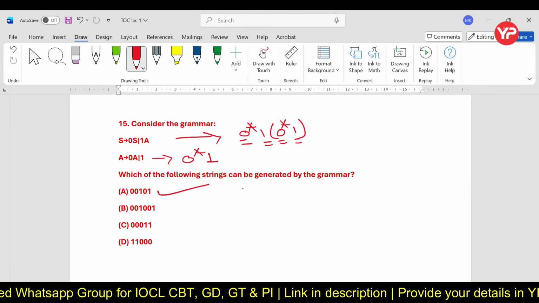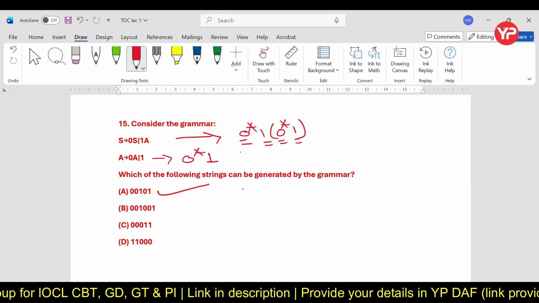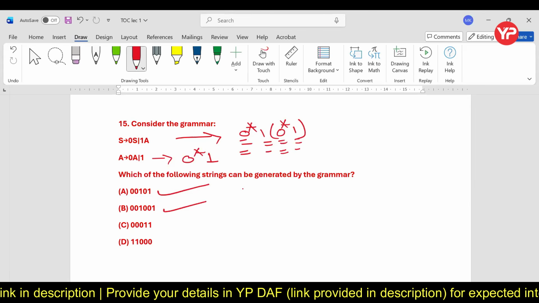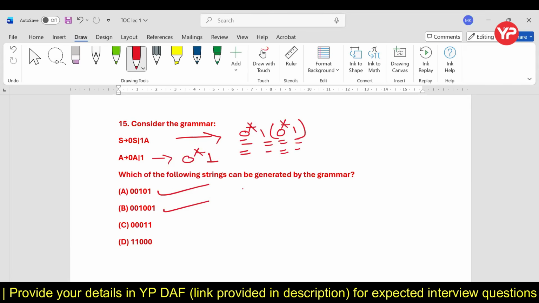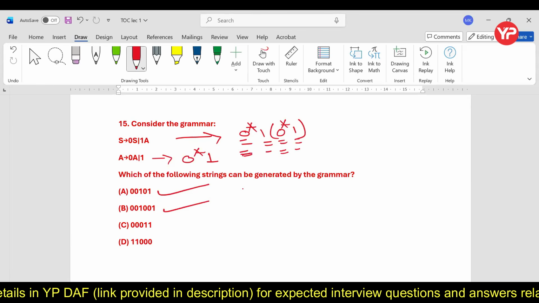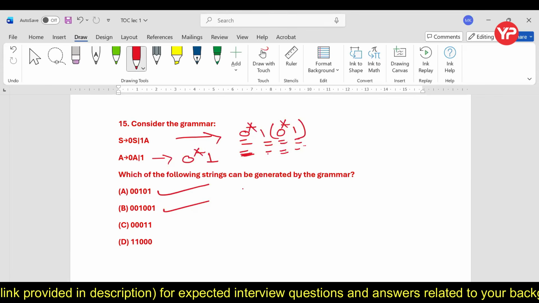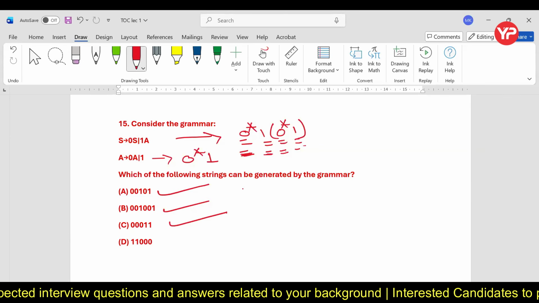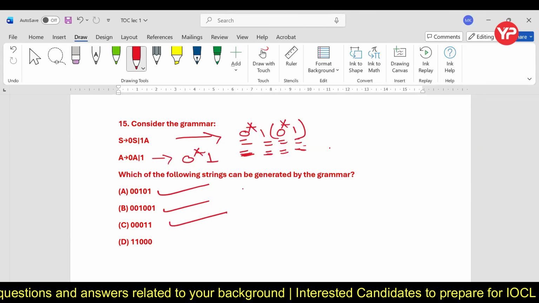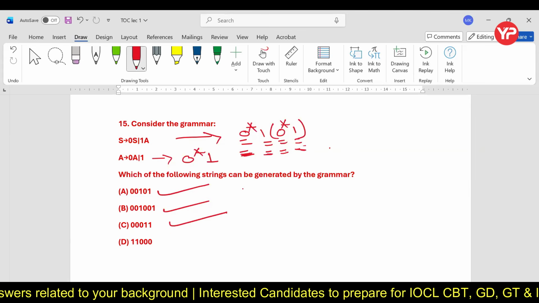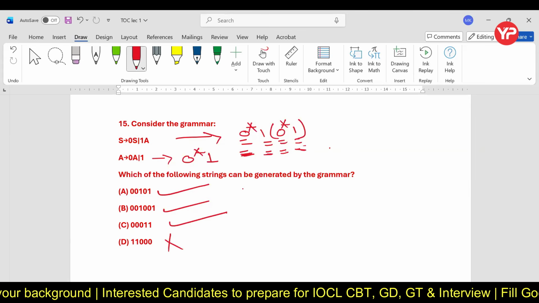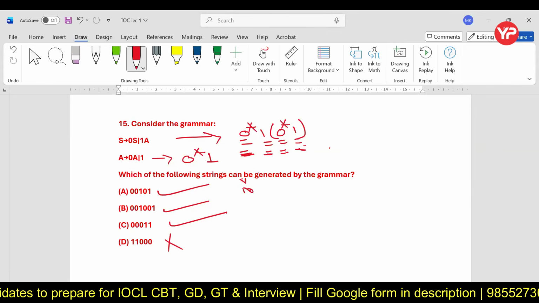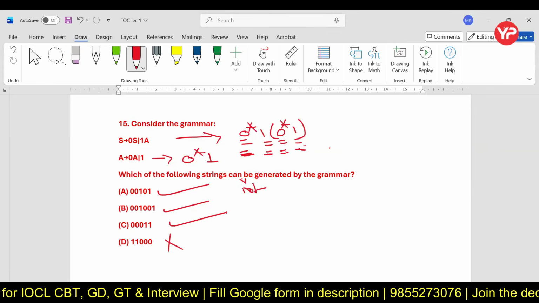That's fine. 0 0 1, 0 0 1 0 0 1. That is also true. 0 0 0 1 1, 0 0 0 1 then 1. That is also true. But 1 1 0 1 1 0 is not possible. So the question has to be: which string cannot be generated by the grammar.